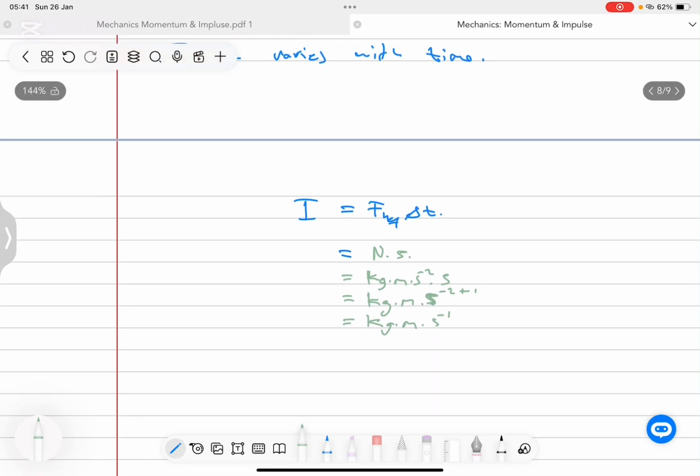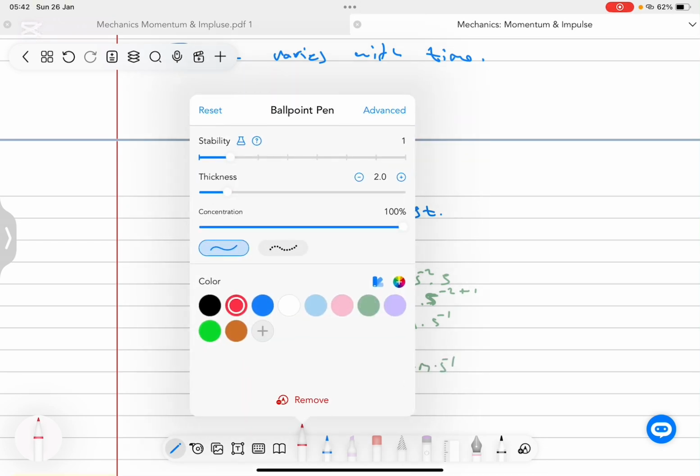Now, this suggests that impulse can be classified by 2 units. In other words, we are saying here that 1 newton second is exactly the same as 1 kilogram meter per second.